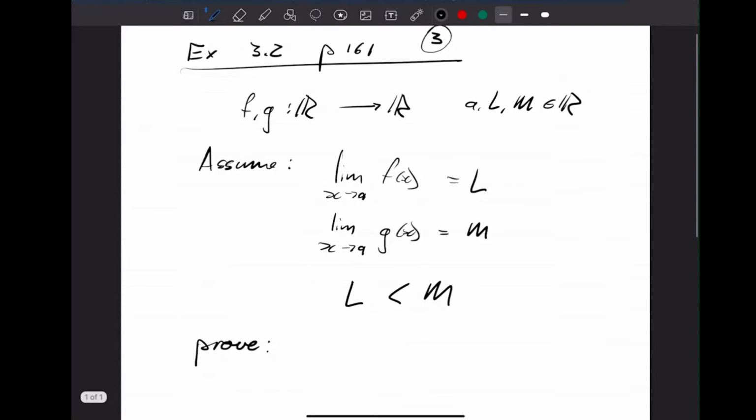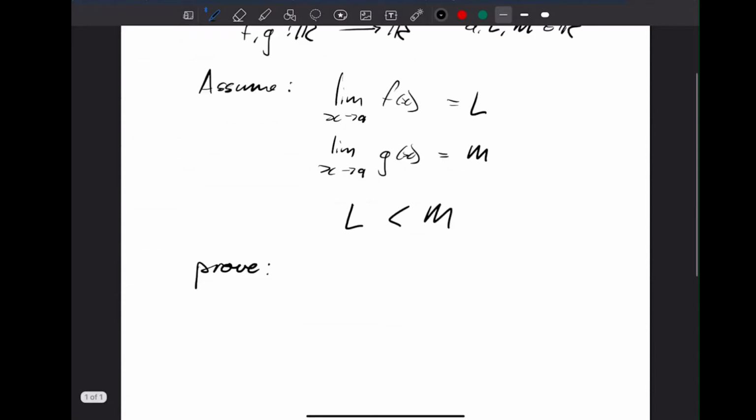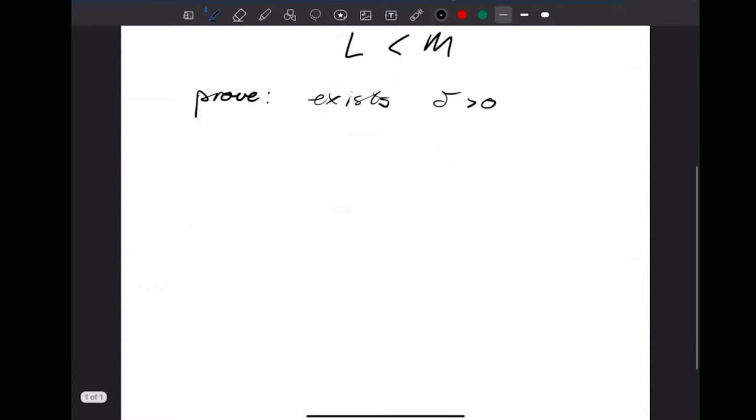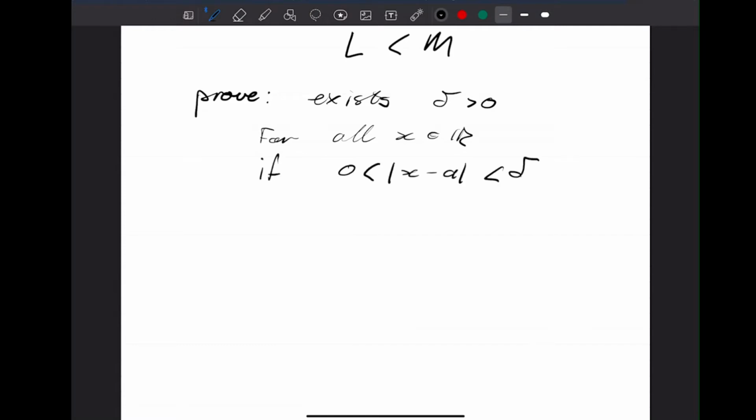Then the question asks to prove that there exists a delta greater than 0, so that for all x in the domain of the functions, if this x is within a delta distance of a, then f of x is less than g of x.